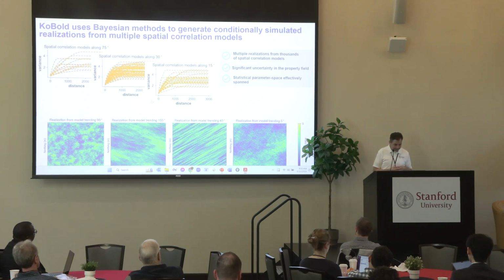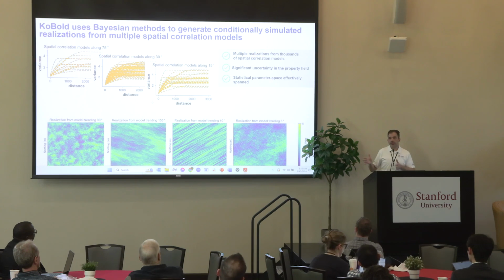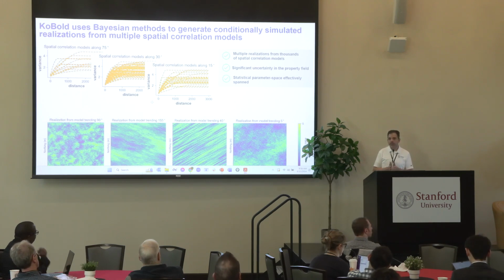So we start with prior distributions for these variogram parameters, and then we get posterior distributions that get tighter and tighter as we collect more data. But we never have a single variogram model. We have a huge collection of variogram models that are all consistent with our data. And then we can do conditional simulation from those.